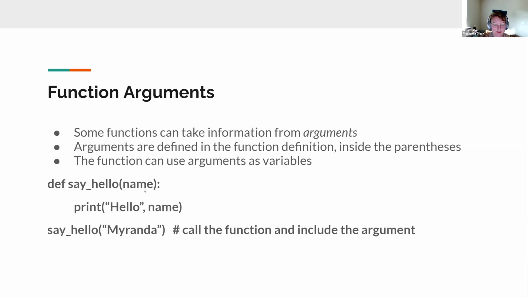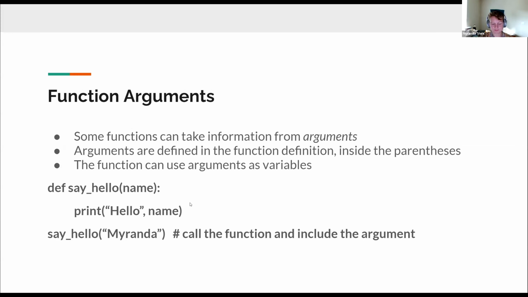We want to be able to give it that name. So we have def say_hello(name), and then we could say print hello, comma, name. Now when we call say_hello, we can no longer just do empty parentheses. We have to provide a value for name. So you call the function and also include that argument there.